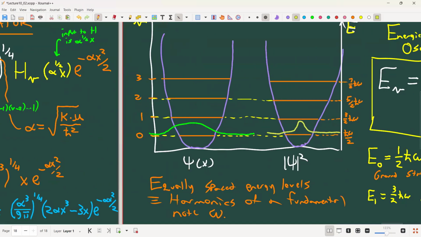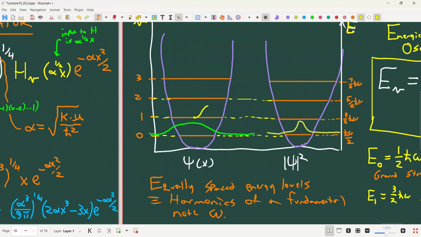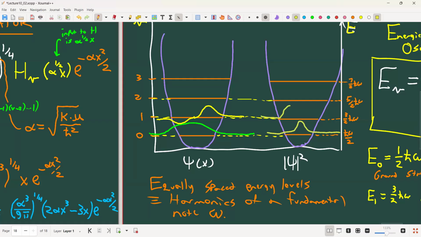We know that in the center, it's 0. And then the function grows as x, and then it decays as e to the minus x squared. So it's going to peak up like this, and then decay out. And then the other side is symmetric, but negative. Like this instead. And so when we take the square of this, it becomes even again. And now it has 2 lobes.